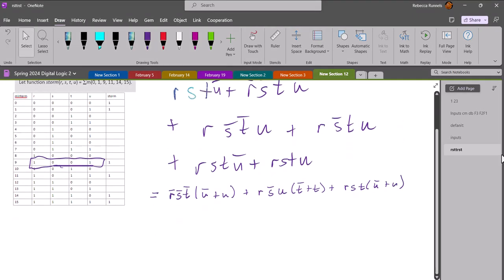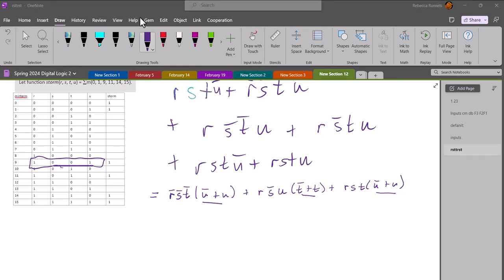And this term right here, anything or its conjugate, that's not the right word. Anything plus its complement always equals 1, and then anything times 1 is just itself.